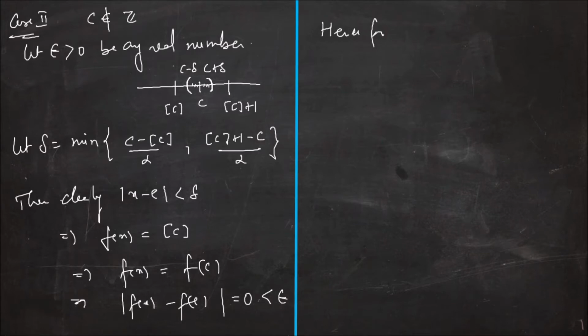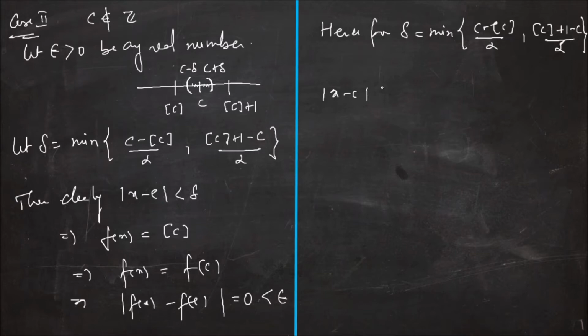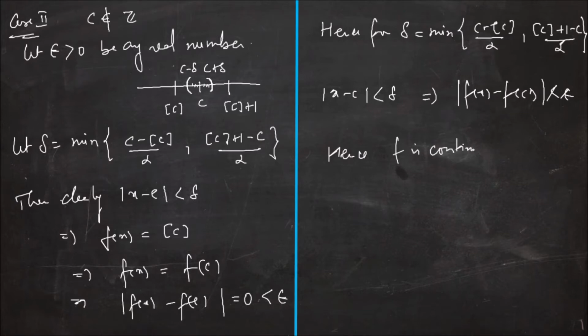Hence, for this delta, |x minus c| less than delta implies |f(x) minus f(c)| is less than epsilon. Hence, f is continuous at c.